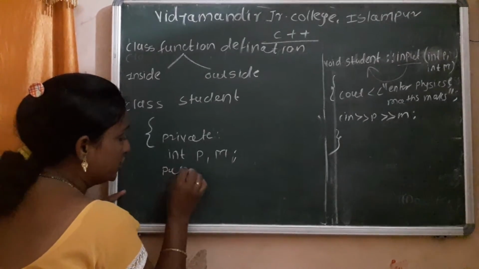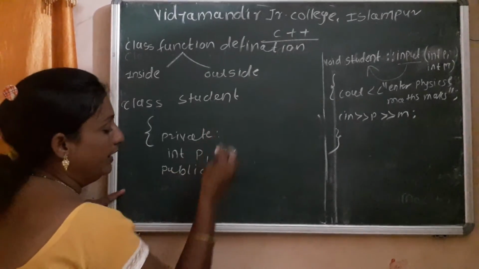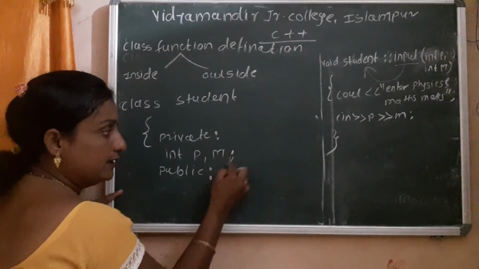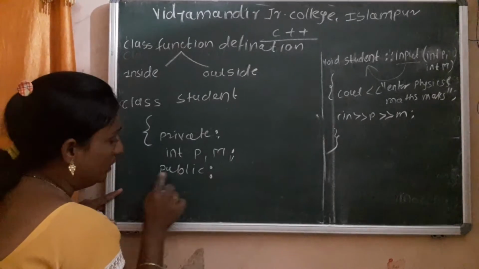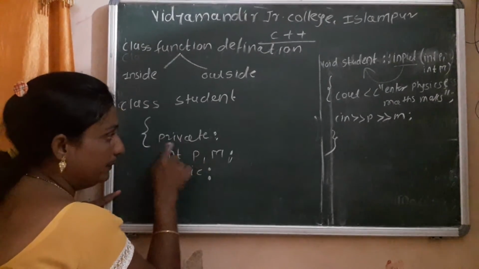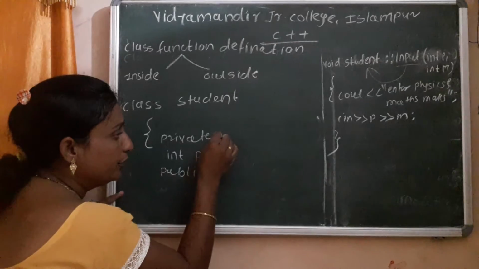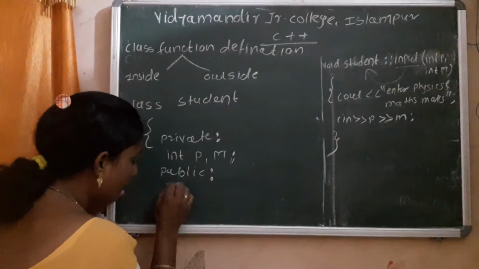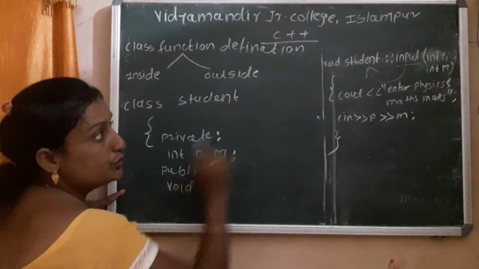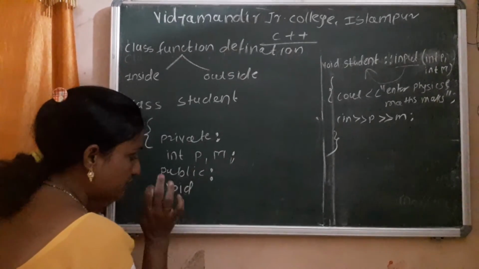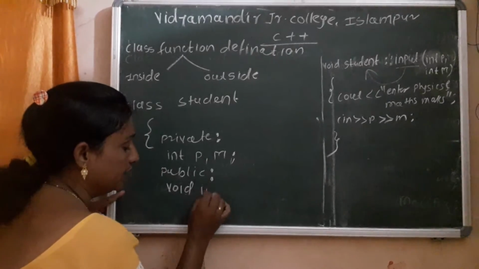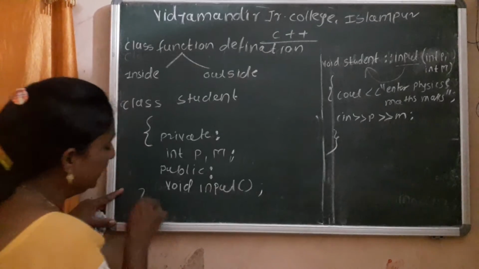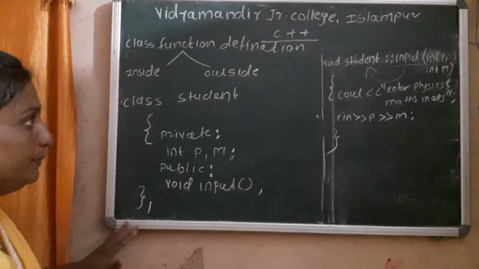Then the public section: public colon. After a simple statement we give a semicolon, but after the visibility labels private and public we write just a colon. I want to use the input function, so I declare it here: void input, opening and closing brackets, and a semicolon.